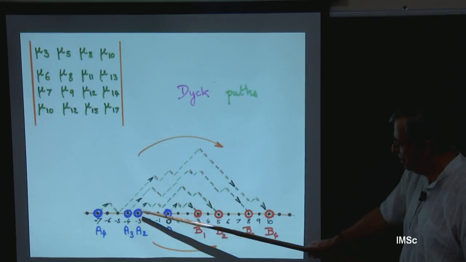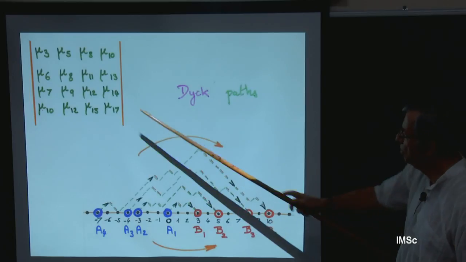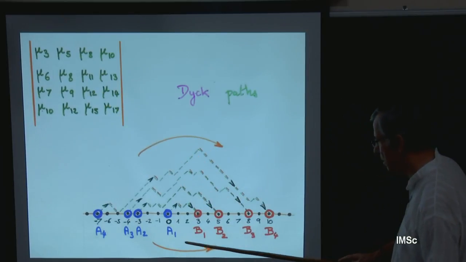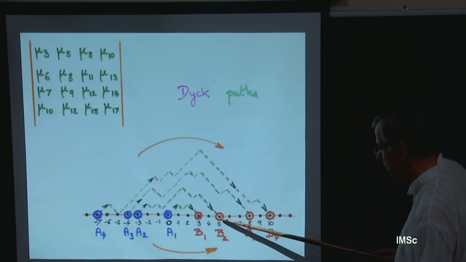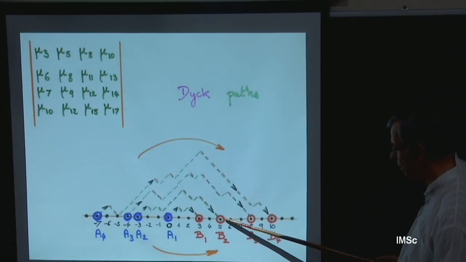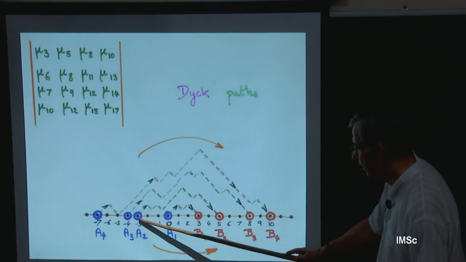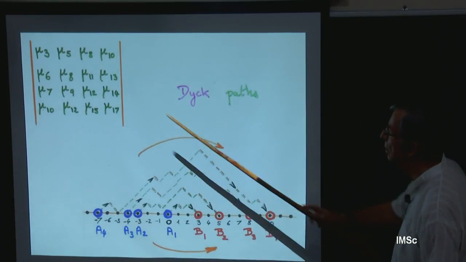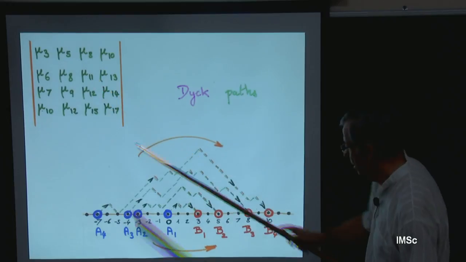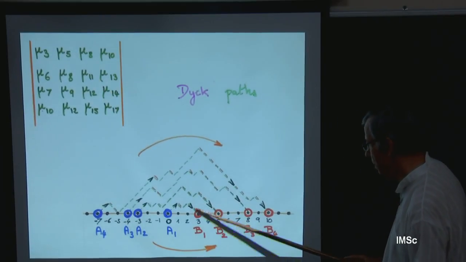For example, mu 8 is the sum of the paths going from A2 to B2. Mu 8 gives paths of length 8. Now if I take A2 to B3, that is mu 11, I am increasing by 3.